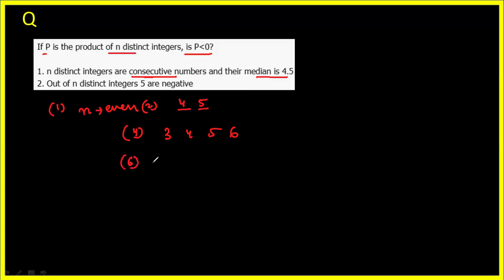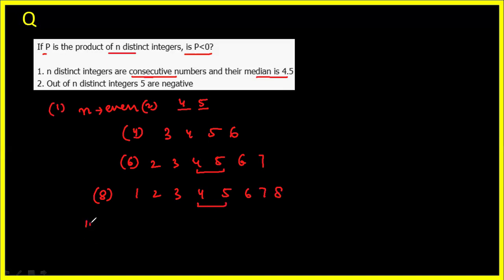Let's say 2, 3, 4, 5, 6, 7, yes or no, right? That's a possibility. Again, we are getting 4 and 5 as the middle two values, and the median will be 4.5, right? Similarly, there could be 8 readings in that set. It could be 1, 2, 3, 4, 5, 6, 7, 8. Yes or no, right? Again, two middle readings.